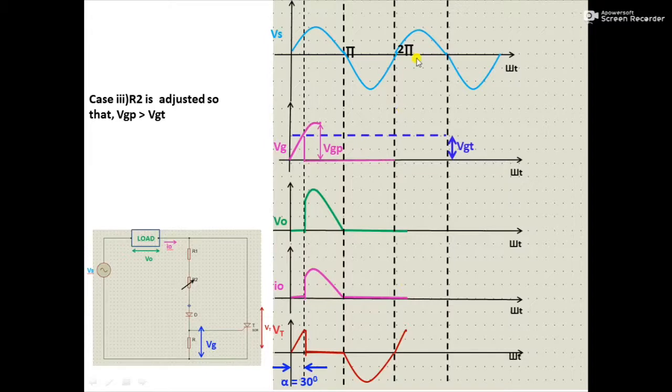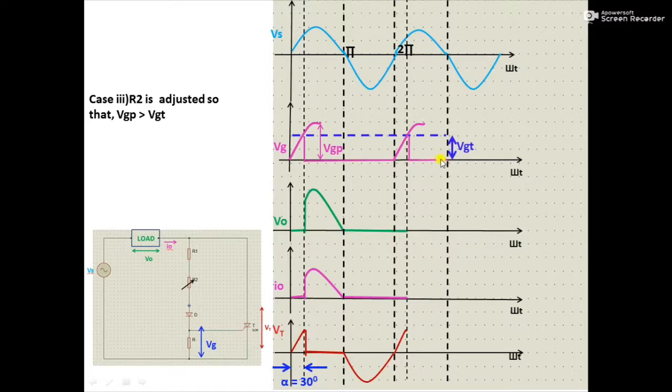At this time instant where Vg is equal to Vgt, which is marked here with a dotted line, your thyristor turns on. Once it turns on, the gate loses its control over the thyristor and falls back to 0.